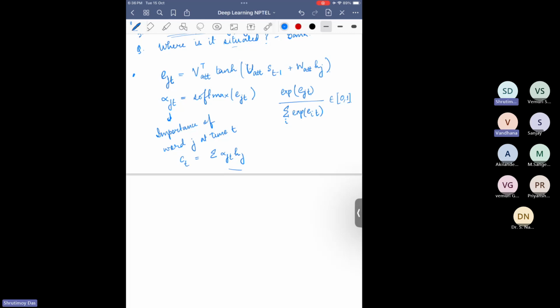In the next time step, this U, W, and V will change due to backpropagation, and now your EJT will change, and due to this your alpha will change. So over time, your network will learn which words are more important and which are less important. Initially it will not know, but over time it will learn.